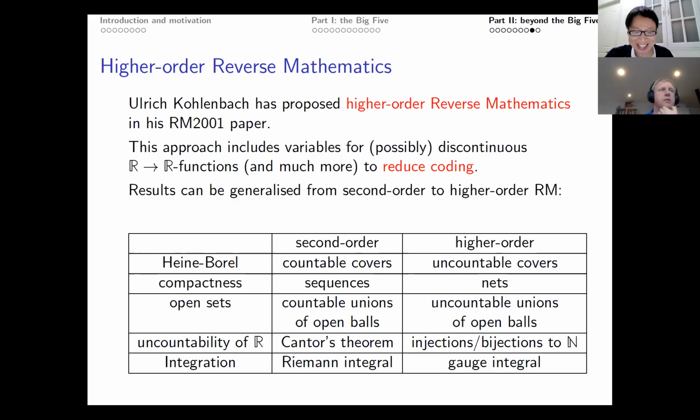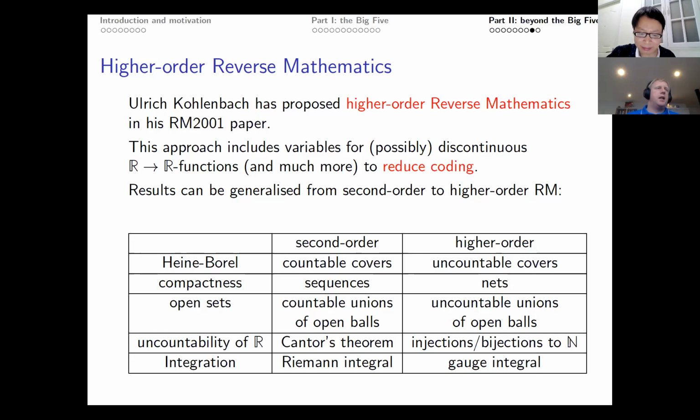Okay. We have the same in the question, it's exactly big five or big six, big seven. So people have said that Vitali's theorem gives you the big sixth system for countable covers in second order reverse math, and in higher order reverse math, it's Vitali for uncountable covers. I should note that Vitali himself talks about uncountable covers in his original paper where he introduces Vitali's covering theorem.